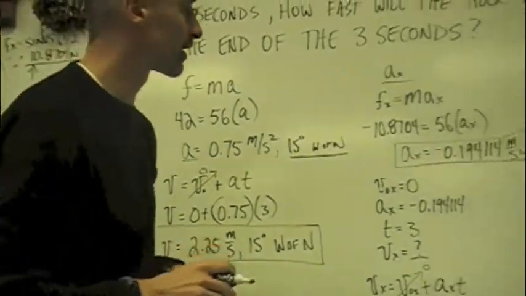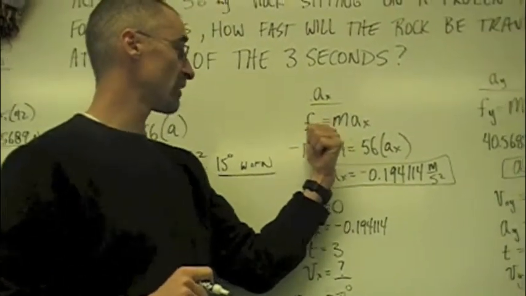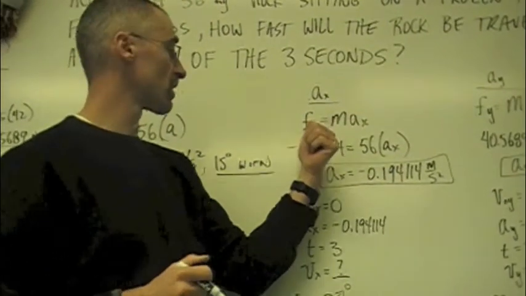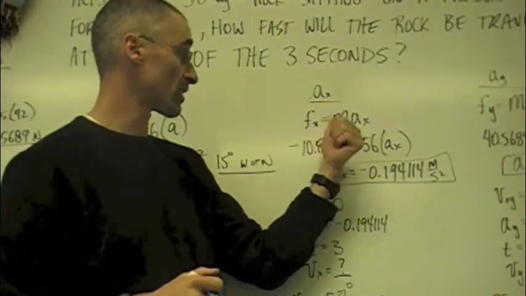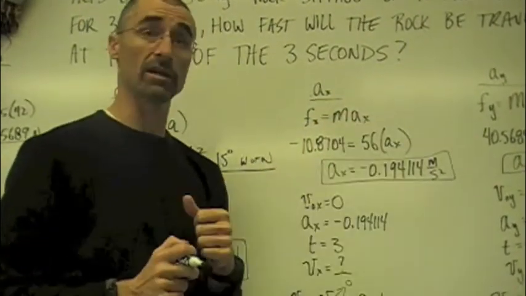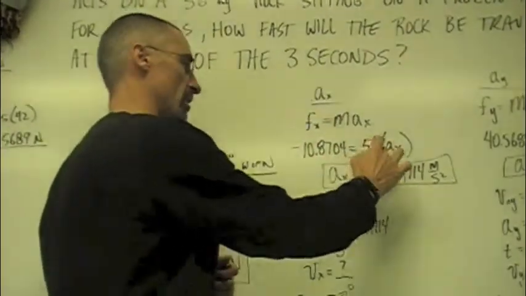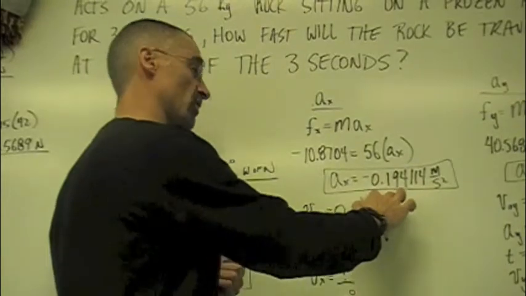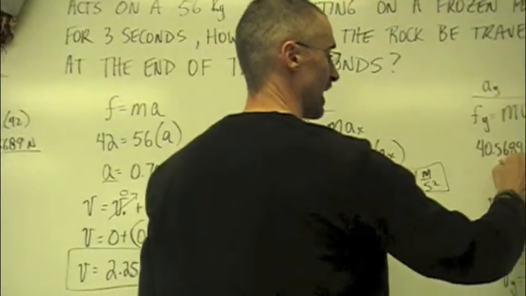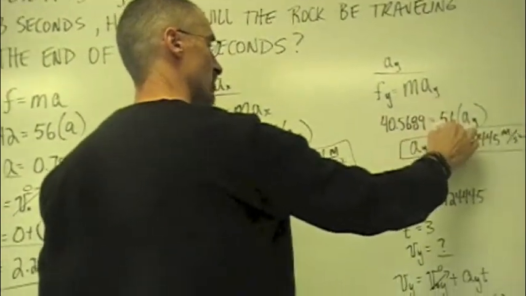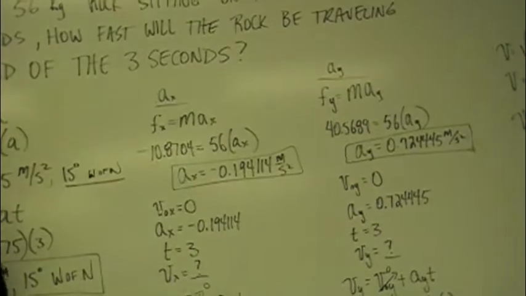If we come over here, we know that Newton's second law, F equals ma, that's all I've done is put it into the x direction. The force in the x equals the mass times the acceleration in the x. So when we put in our force in the x direction and our mass, we come up with an acceleration in the x of that. When we put in our force in the y and our mass, we come up with an acceleration in the y of that. Does that kind of make sense to you?